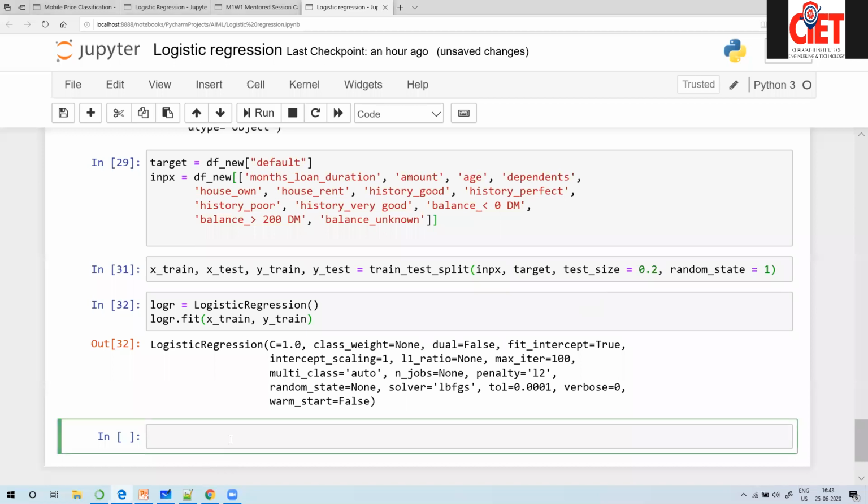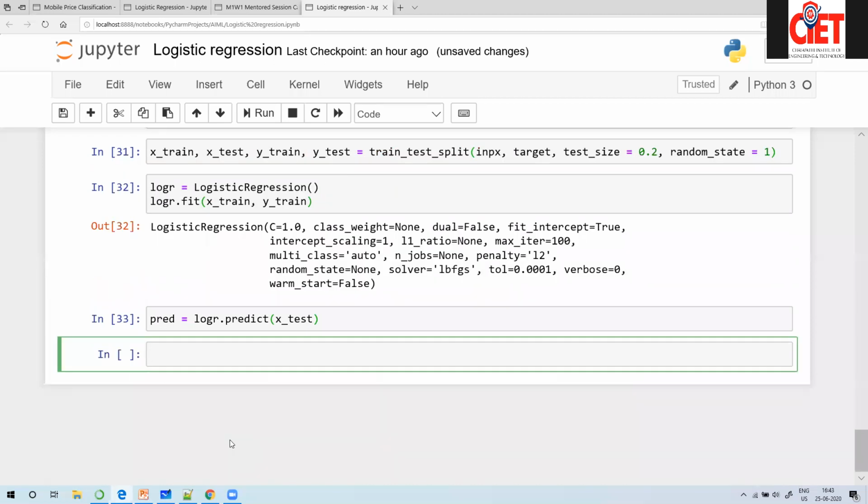Let's see how it predicts. I don't know how the predictions look like. We have a test data set kept separate. Let's predict. My predictions are log r dot predict X underscore test. So it has predicted.